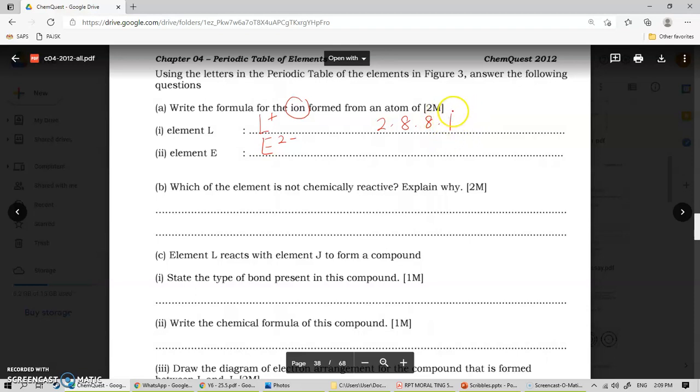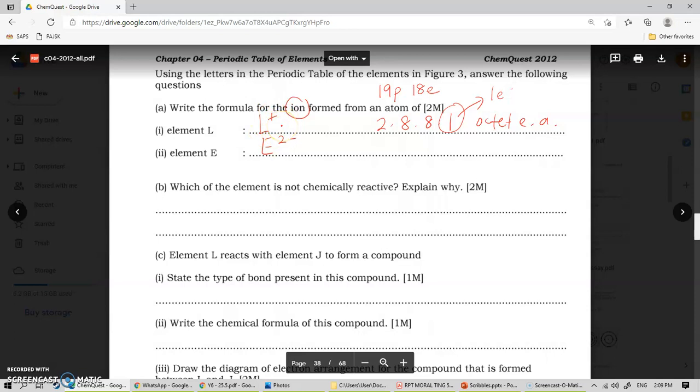So what it wants to do is donate 1 electron so that it can achieve the octet electron arrangement. In doing so, it will have one less electron. So it has 19 protons and 18 electrons, so there's an extra 1 positive. That is why L is a 1 positive ion.